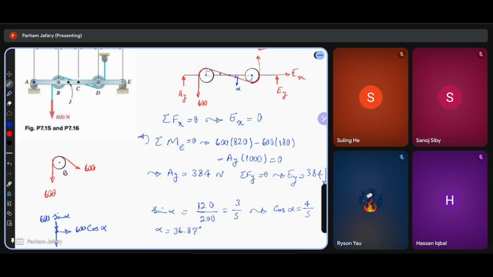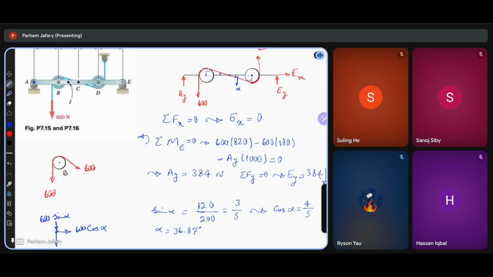So I want a section at point C, and I need to replace the pulley with the forces equivalent to the pulley and the rope at that point. So around pulley B, I have a 600 pulling down, and because the cable itself has its 600, so I have a 600 at the angle alpha as well.